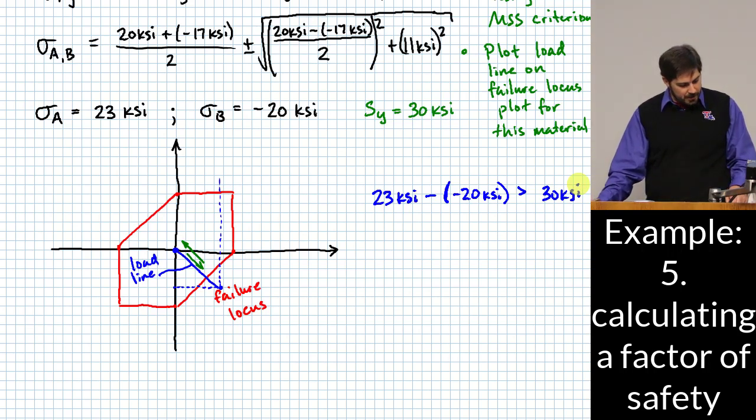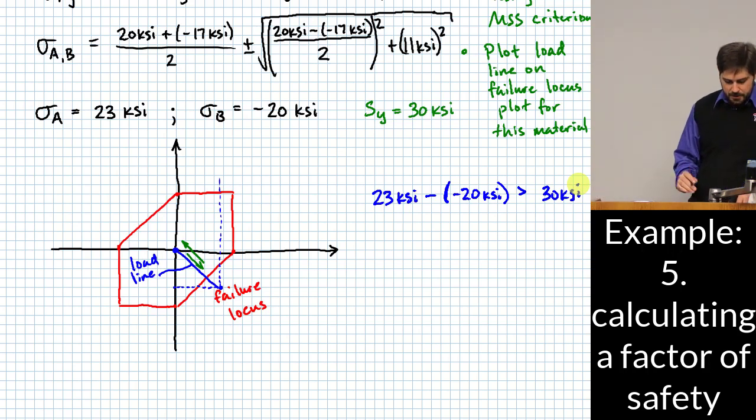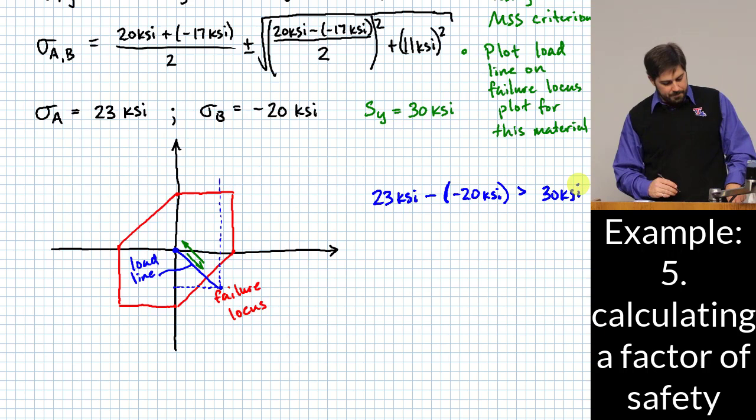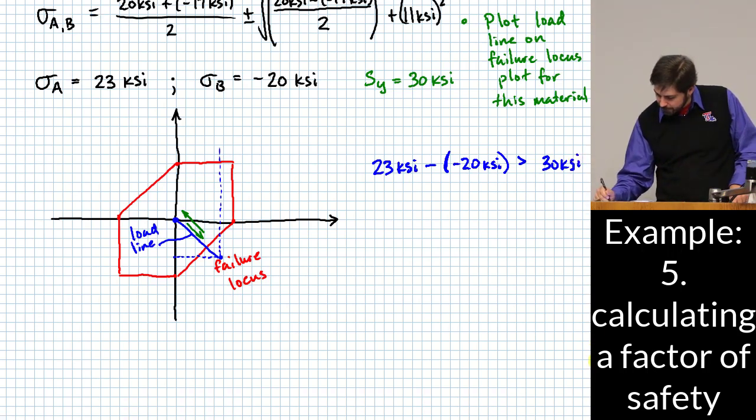And so you see there, equation 5.3 says if we have the difference between these two values, it's going to be equal to the yielding strength over the factor of safety.